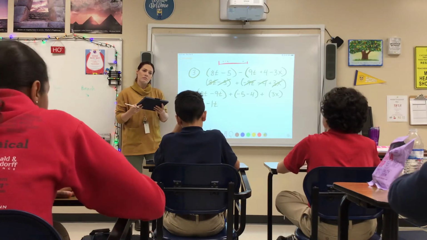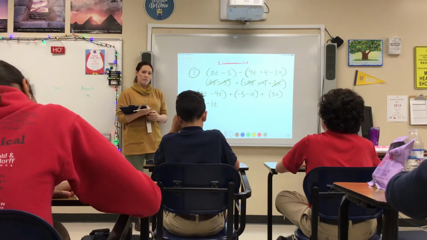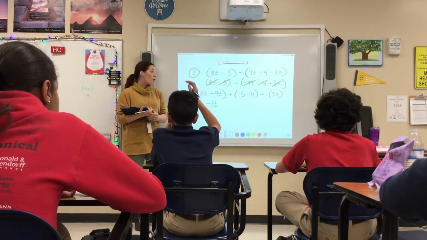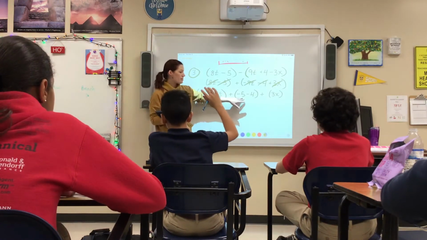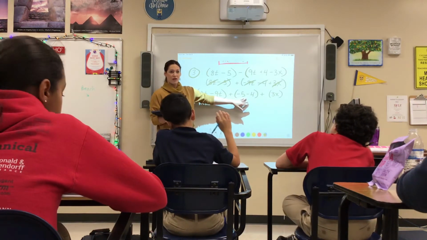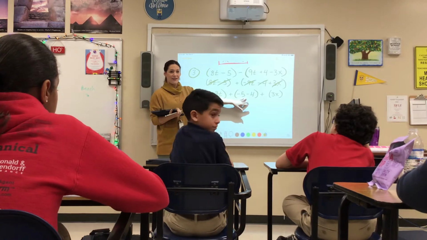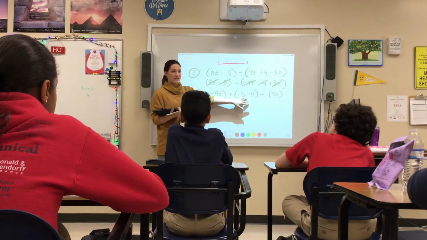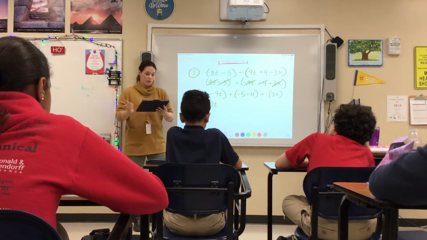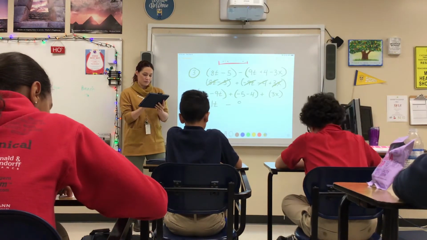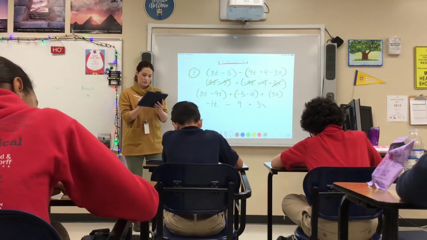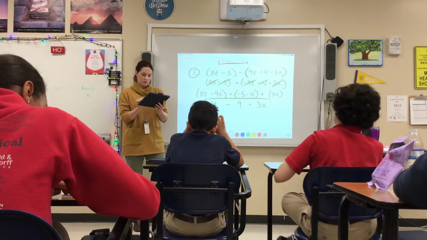Oh, it's not a 1 though, be careful. Both of these are negatives. So do you add 5 and 4 or subtract 5 and 4? If they're the same sign, you add them. So what am I gonna get here? Evelyn? -9. -9, so I put -9. And then plus the 3x. 3x is just a 3x. That's our answer.